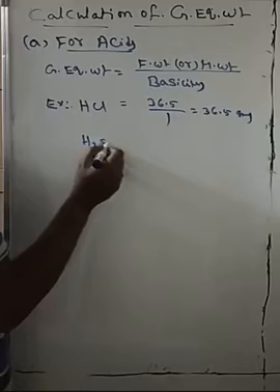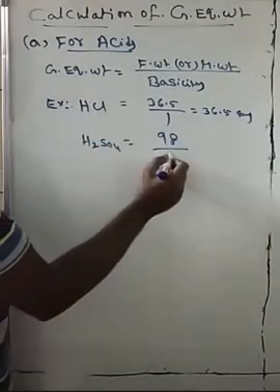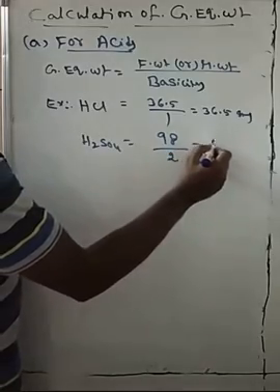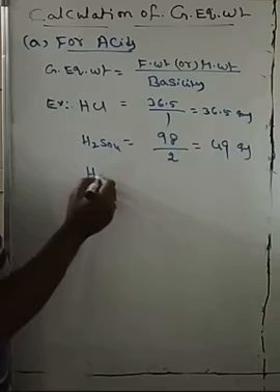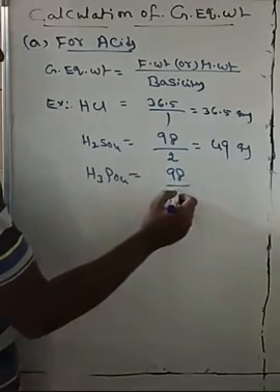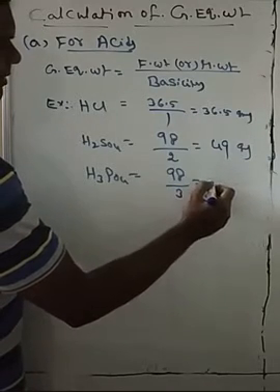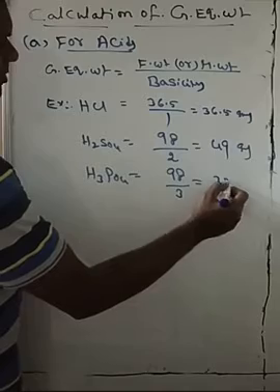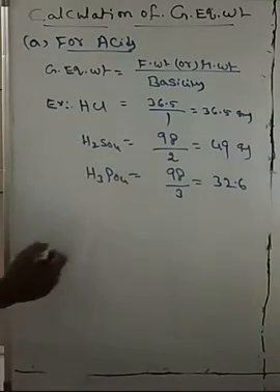Like H2SO4, molecular weight is 98, divided by 2. It becomes 49 grams. Like H3PO4, it becomes also 98 by 3, which is 32.6 for H3PO4.